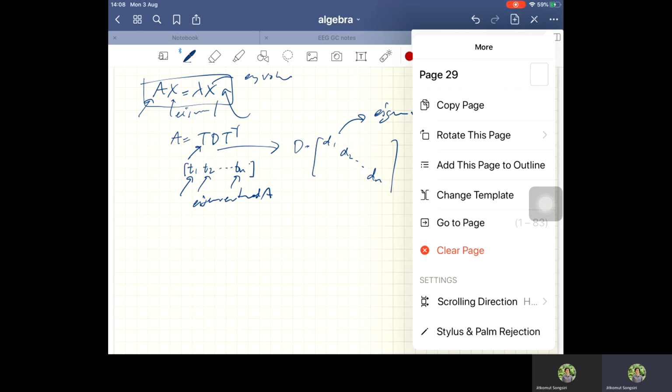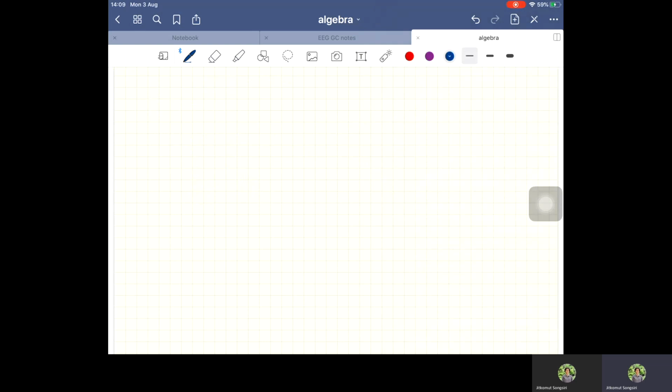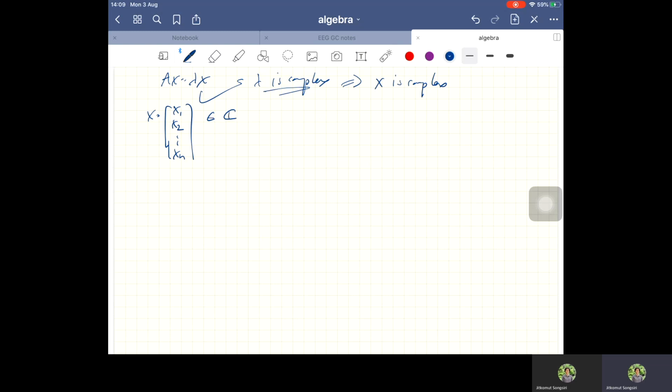In order to do this, I would like to explain a little bit about the notation, because when you deal with the eigenvalues and eigenvectors of a matrix, when lambda can be complex, it is possible that your eigenvector can be complex too. So I would like to introduce this notation. If x is a complex vector, usually we know that transpose is just the operation that changes a column to a row, and our notation is that a vector is always a column vector.